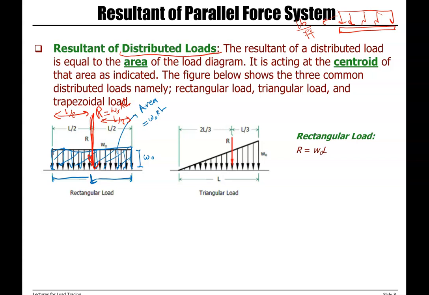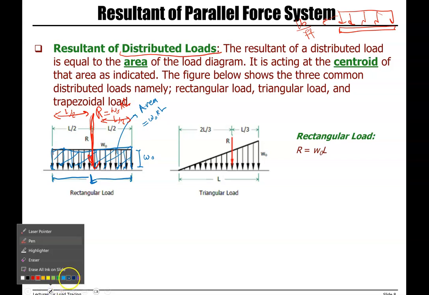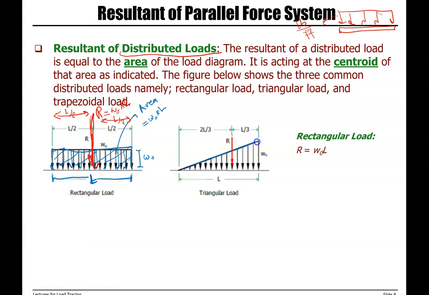The second example is a triangular load. So the load diagram is a triangle in this case. This is our triangle. And the resultant is equal to the area of this triangle.